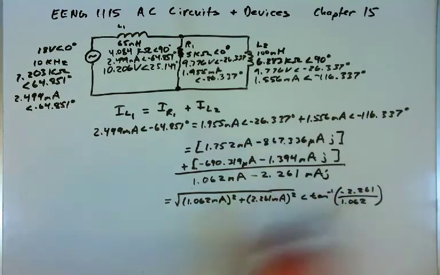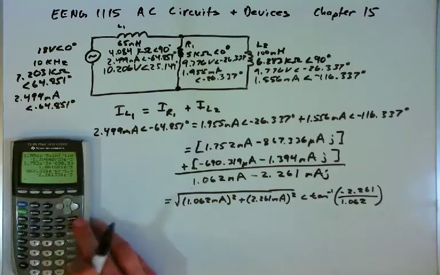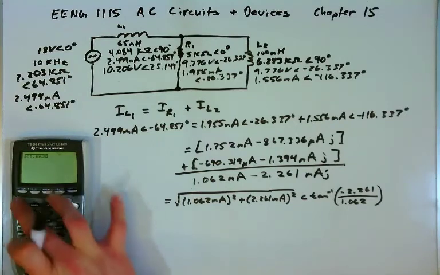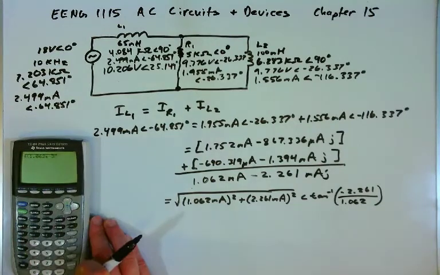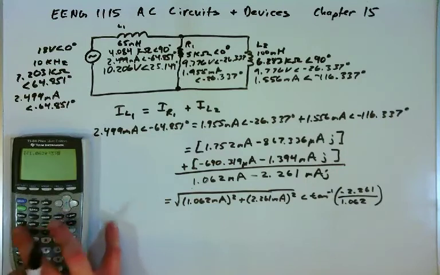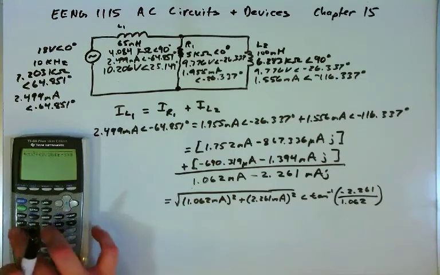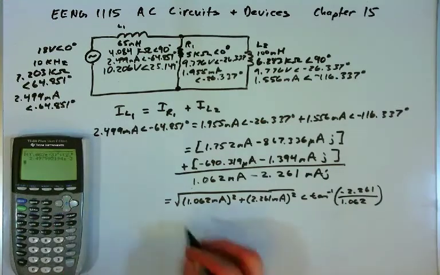These are both milliamps, that will cancel. And so we have the square root, open parentheses, 1.062, that's milli, close parentheses, squared, plus, open parentheses, 2.261, that's also milli, and that is squared.